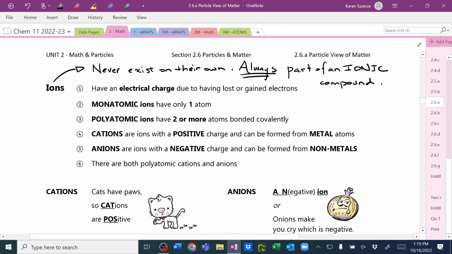Monatomic ions. Do you remember what mono meant? Mono means one, and if it's monatomic, that means one atom. So we could draw a monatomic ion here.